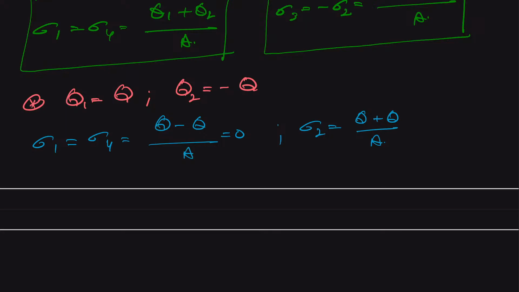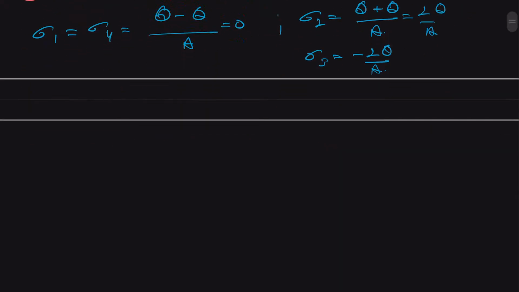And this comes as our 2Q upon 2A, that is Q upon A. And our sigma 3 will be equal to minus Q upon A. And also we want to find out the total charge.